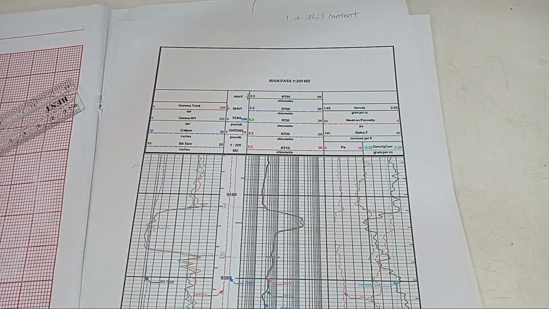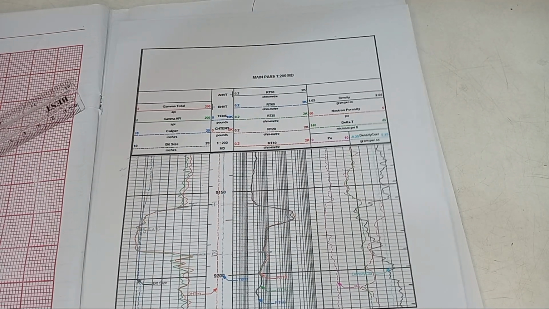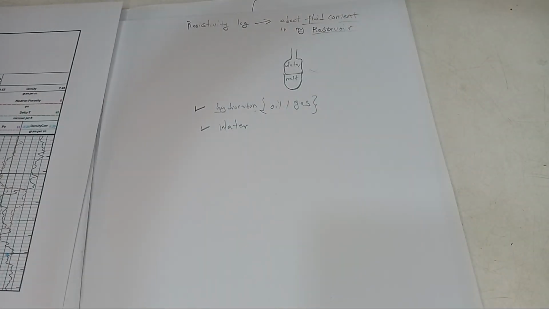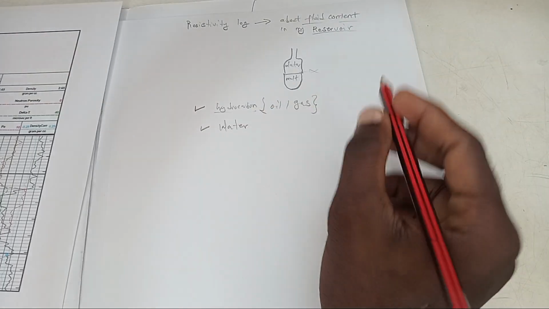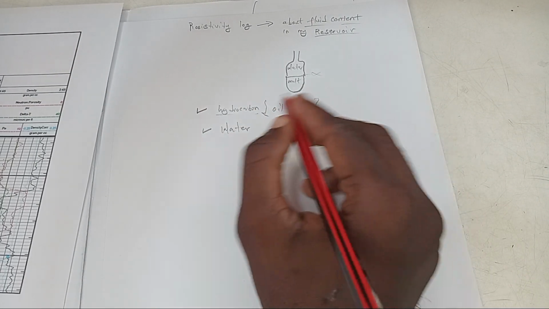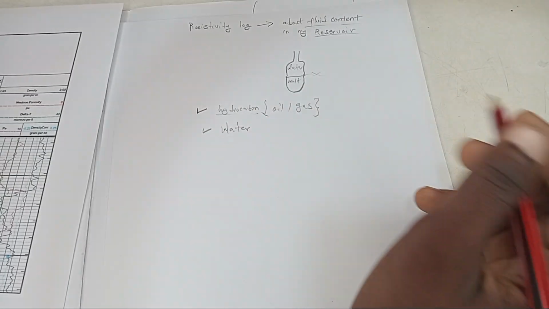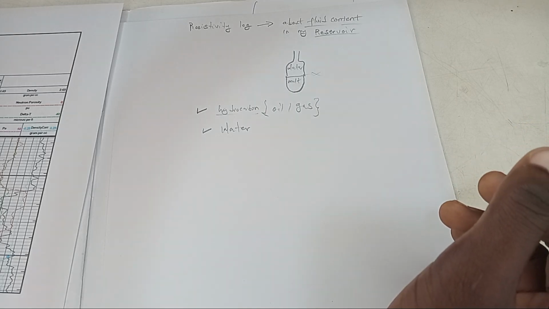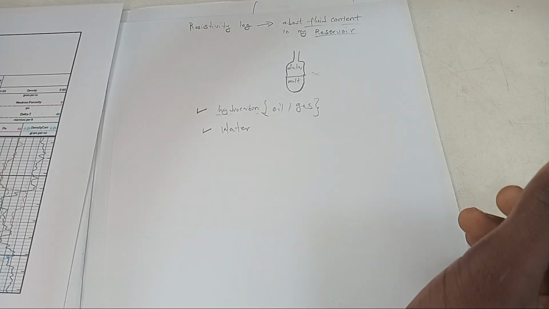Good. Now for resistivity logging, how do we know if something is resistive? How do we know if it's not resistive? We know very clearly that water itself, is it resistive? Does water resist electricity? Does it resist current?